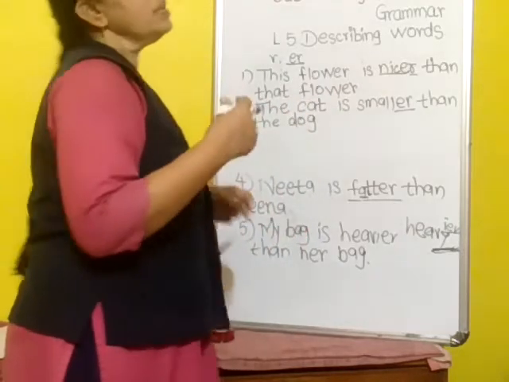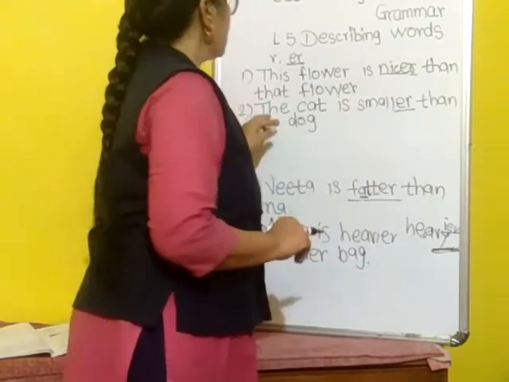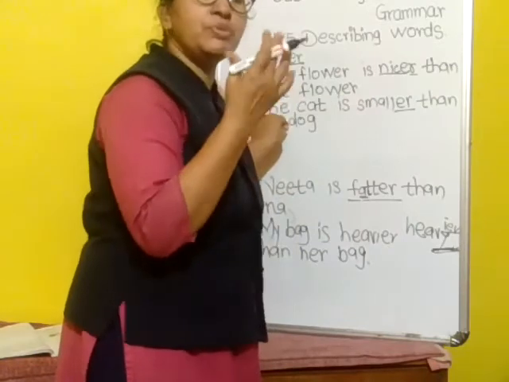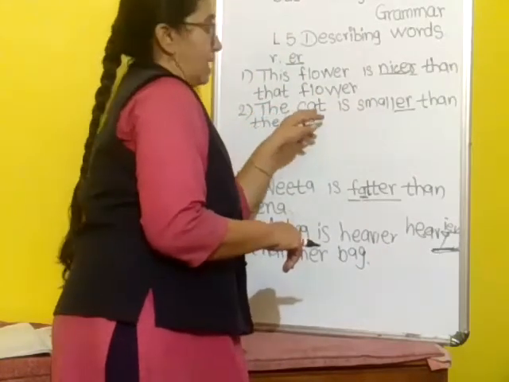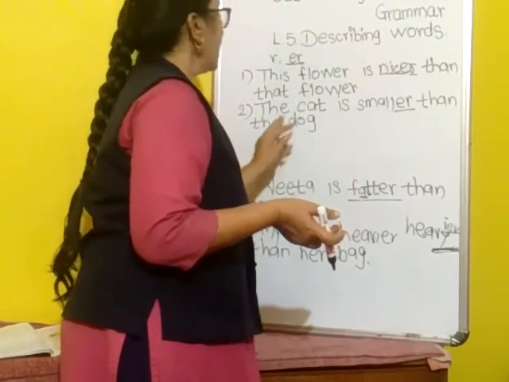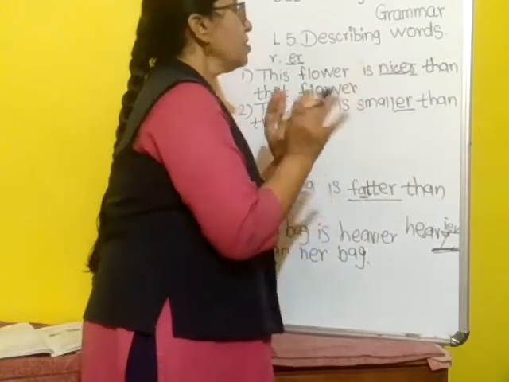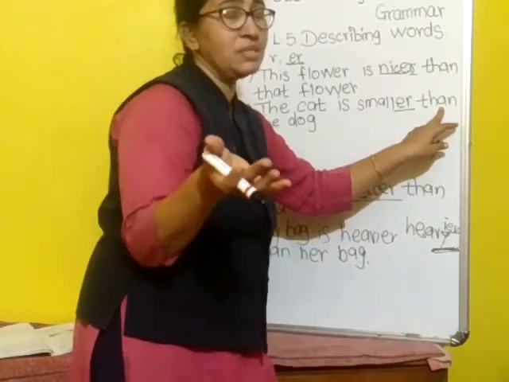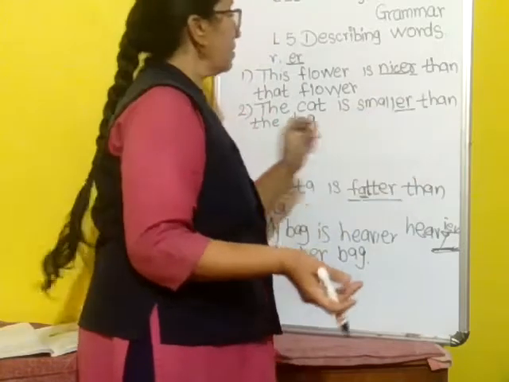Understood? So whenever you want to make comparison between two objects, what should you do? First, write the one you are going to compare. We want to compare this cat with the dog, so that you should write at last, and between them you should write "than".